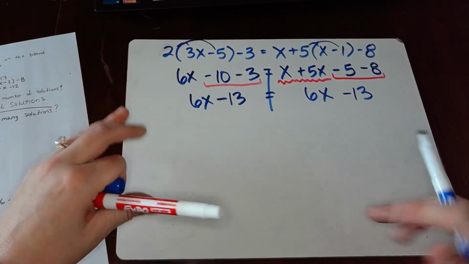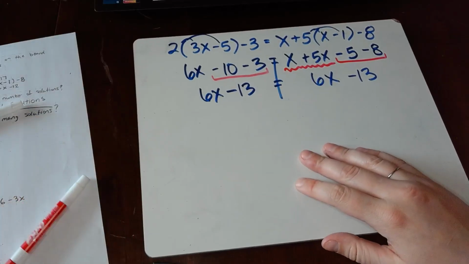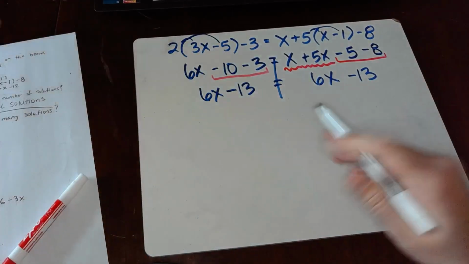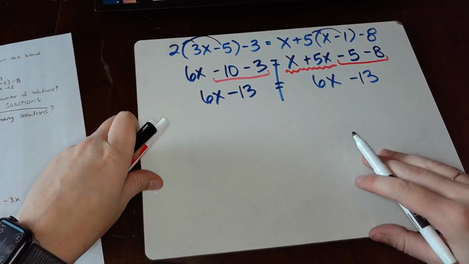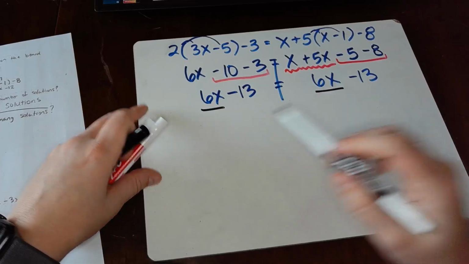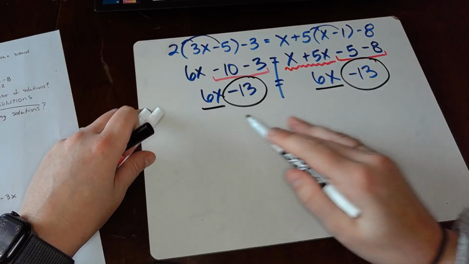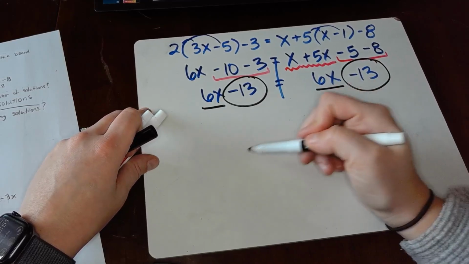You should be able to see that they are the exact same on both sides. You have the same exact variables. Both are positive 6x's, and you have the same exact constants. Both are negative 13s.